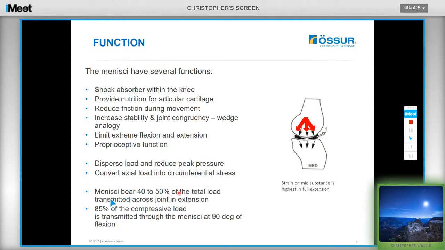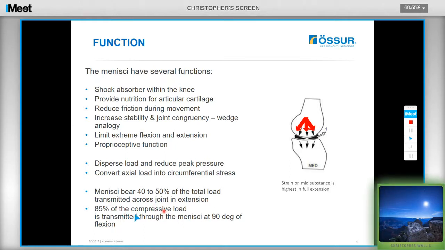So if there is removal of meniscal material, then it stands to reason that there is going to be an increase in the total load that is then transferred to articular cartilage. So thinking about that big picture and the flow-on effect of what damage to one structure can have on the surrounding structures.